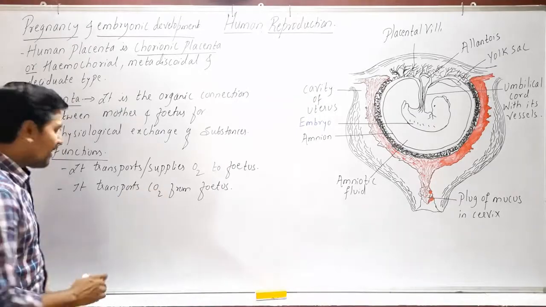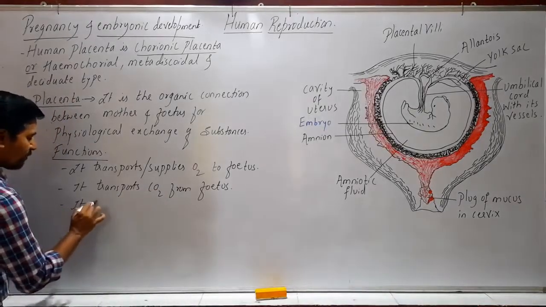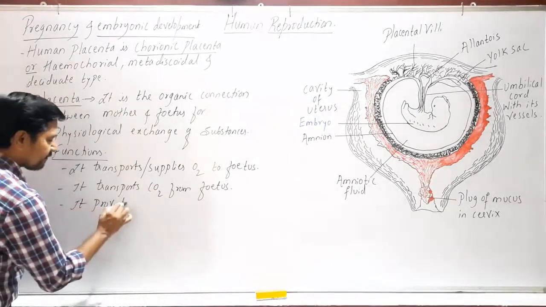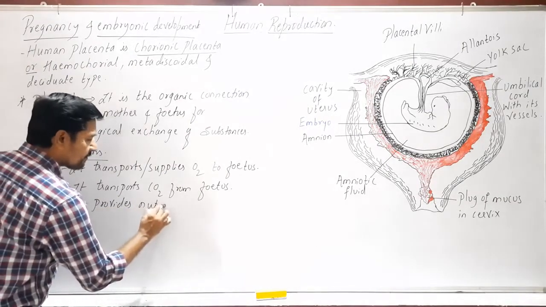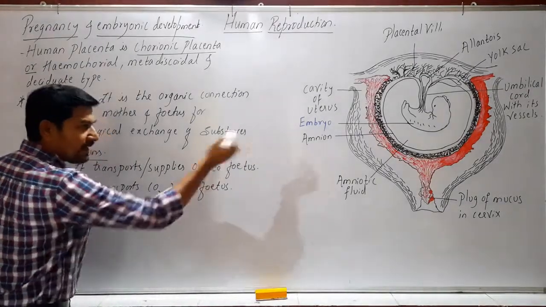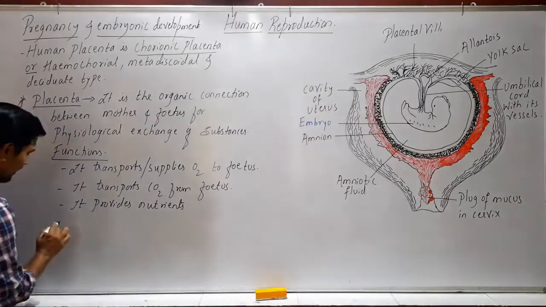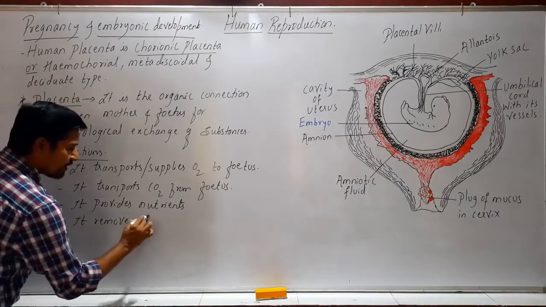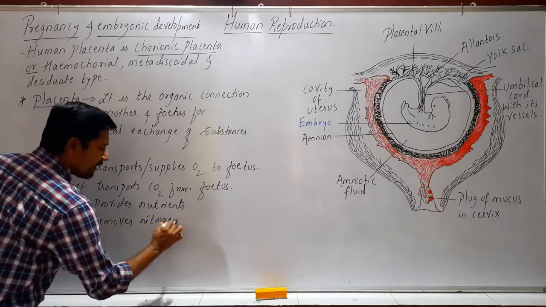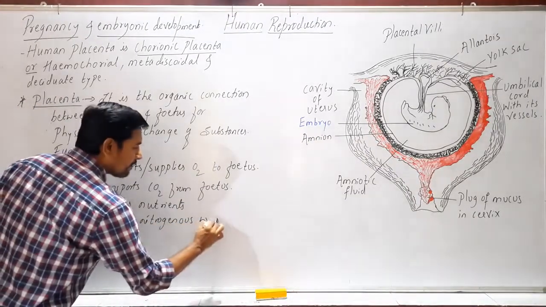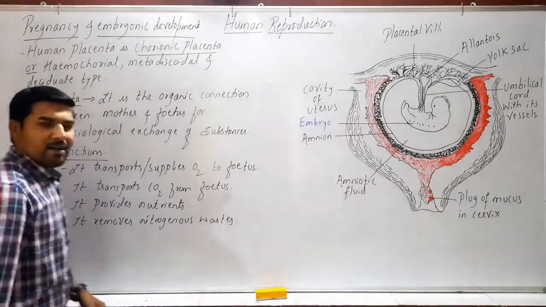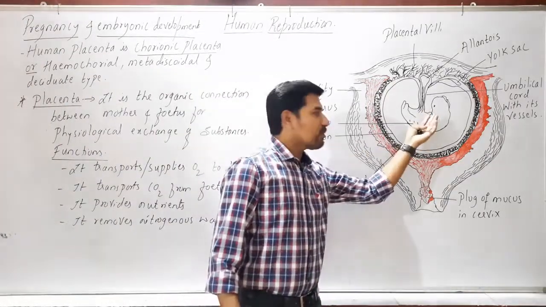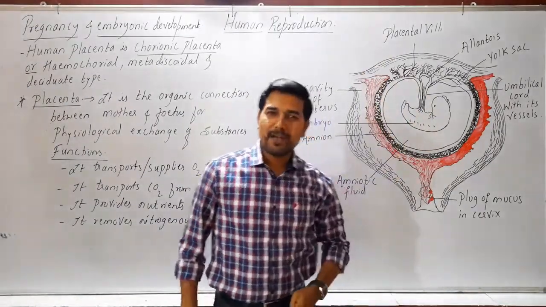The placenta also provides nutrients to the developing embryo. Then it removes nitrogenous waste from the developing fetus. The nitrogenous waste is removed through the placenta.